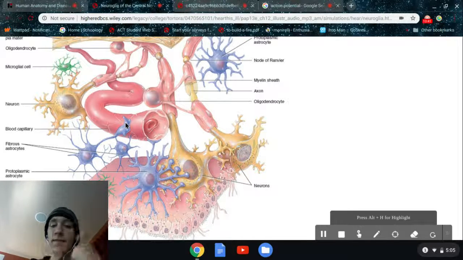And if they make it through the blood-brain barrier, that means that they're identical to a protein that's naturally in your body. But there's this one protein called mad cow disease, which has all the same amino acids and chemicals as a protein in your brain that helps you regulate your cerebrospinal fluid.